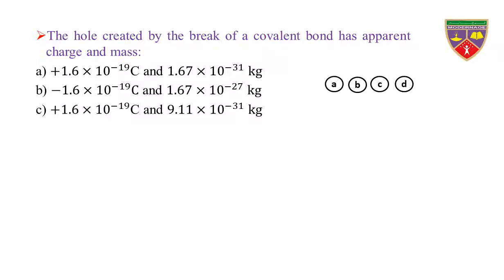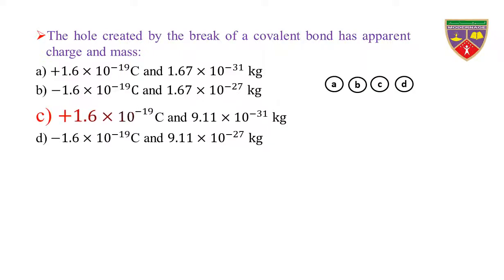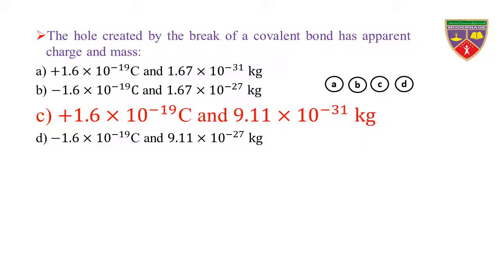Option C: plus 1.6 into 10 power minus 19 coulomb and 9.11 into 10 power minus 31 kg. Option D: minus 1.6 into 10 power minus 19 coulomb and 9.11 into 10 power minus 27 kg. The key is plus 1.6 into 10 power minus 19 coulomb and 9.11 into 10 power minus 31 kg. Therefore, the correct option is C.